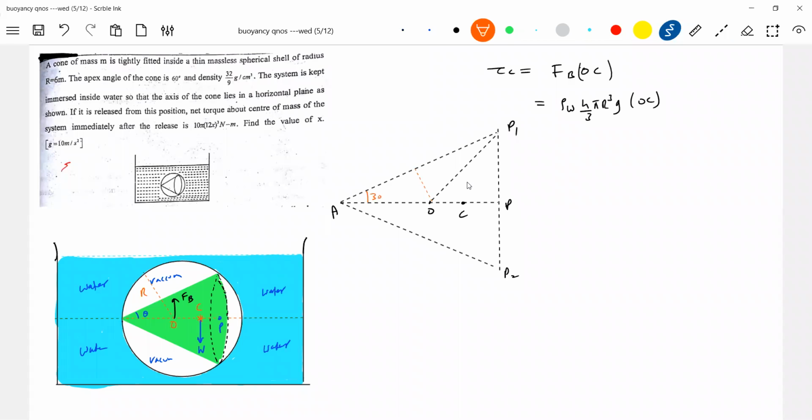This is 30 degrees. This should be 30. And OA should be equal to OP1, which should be equal to R. So this angle will be 90. And I took this as B.